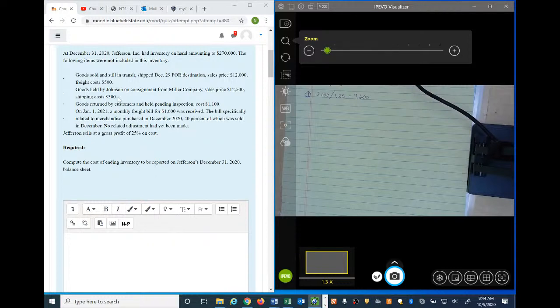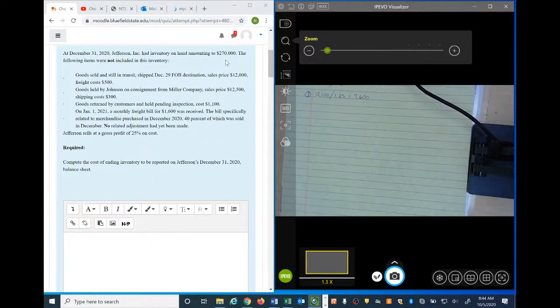I think it should be Jefferson, not Johnson. I see the same thing. So goods held by Jefferson on consignment from Miller. What do we do with that one? I would imagine that we subtract out the inventory from that because it's not our inventory. But we don't have to subtract it, because remember the wording of the question: you're right, it's not included. So overall, you're right on what to do with it.